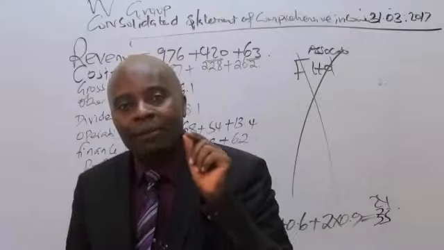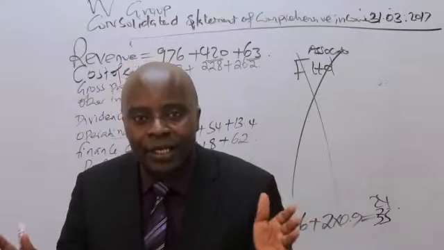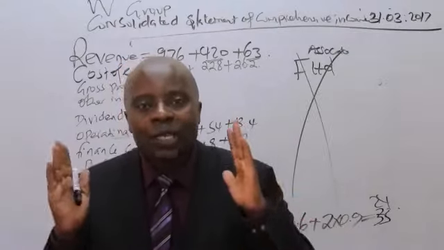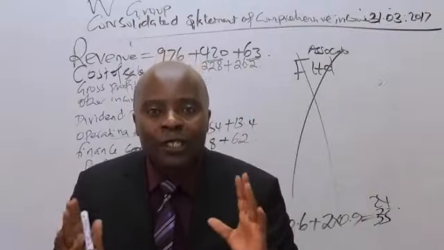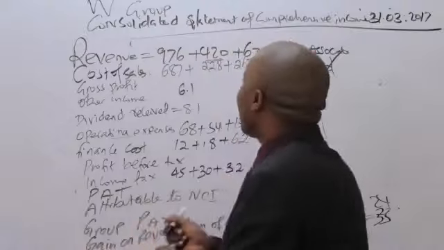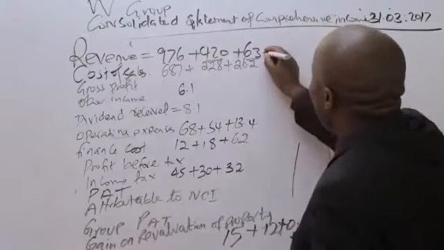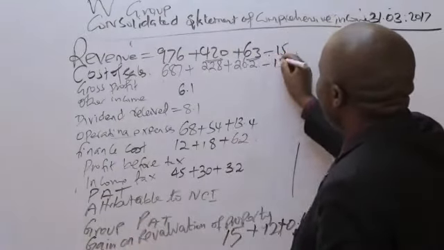Ladies and gentlemen, remember that intra-sales should always be deducted from the group sales and the group cost of sales. So come to the group sales here and you subtract 15, and the 15 there.